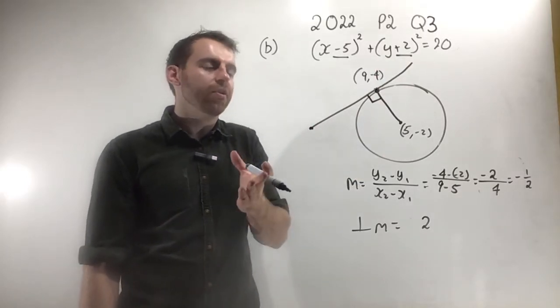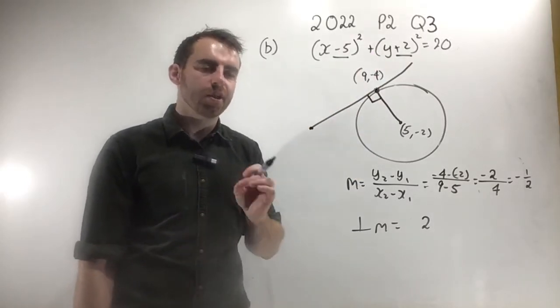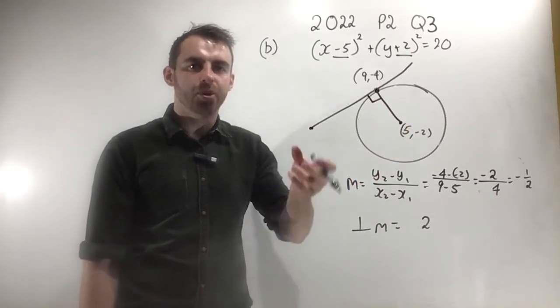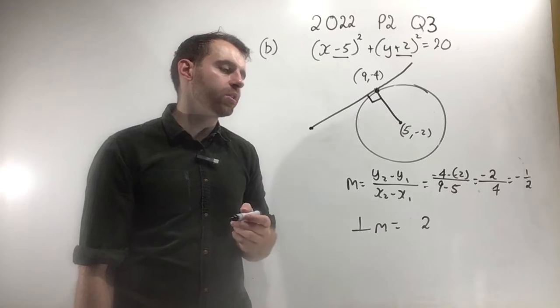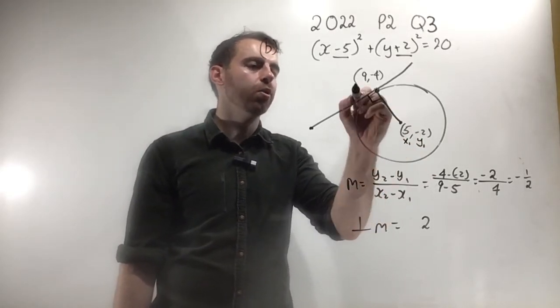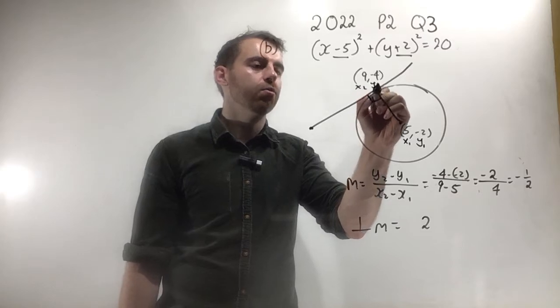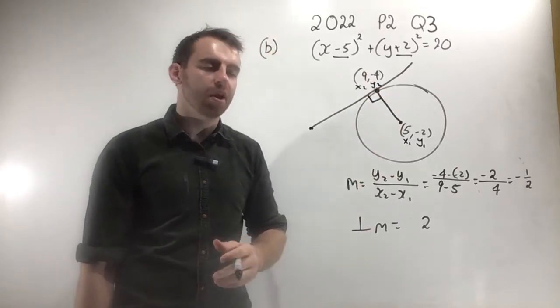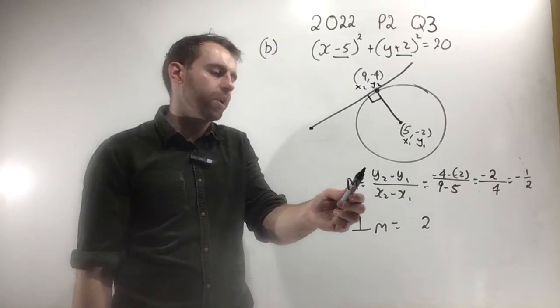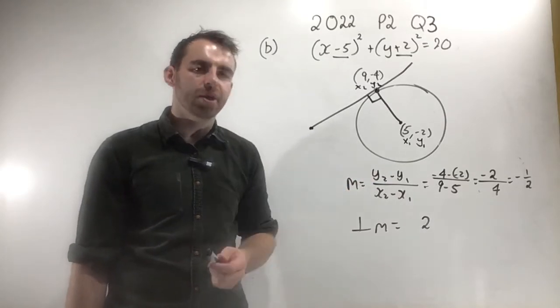The question is to find the slope of the tangent. So what I'm going to do is find the slope of the radius and then get the perpendicular slope. What I decided to do here was label this as x1, y1 and this as x2, y2. If I have 2 points on the radius, I can obviously get the slope. If you go to your maths table, your formula is y2 minus y1 over x2 minus x1.